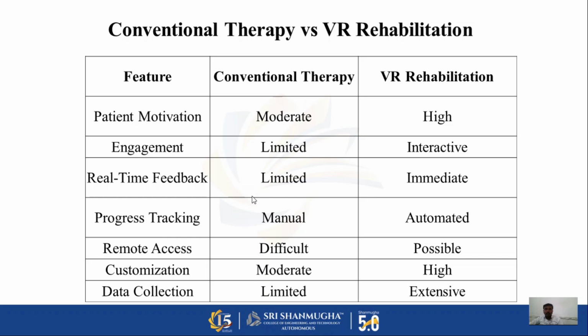Progress tracking in the traditional method is often manual. VR automatically records movement data and performance statistics. Traditional rehabilitation generally requires patients to visit hospitals. VR rehabilitation can even be performed remotely at home through tele-rehabilitation systems. Therefore, VR provides better customization, motivation and data collection capabilities.